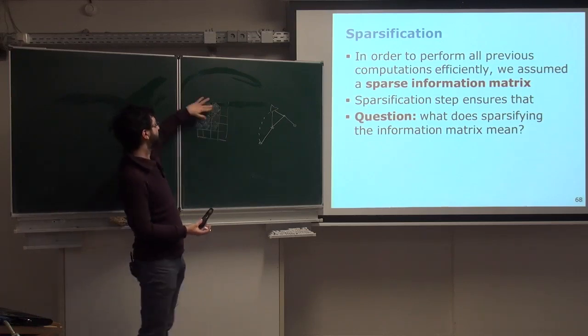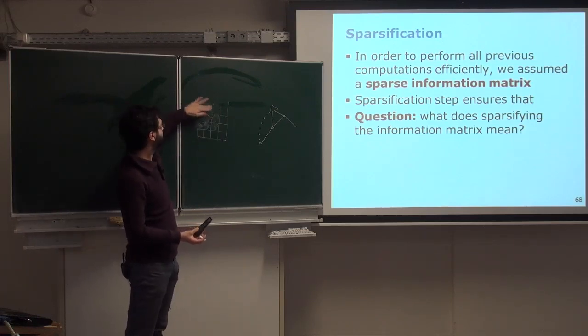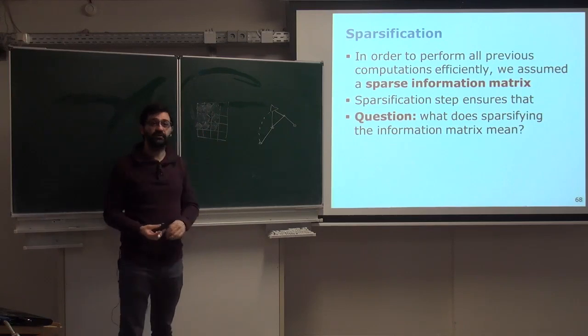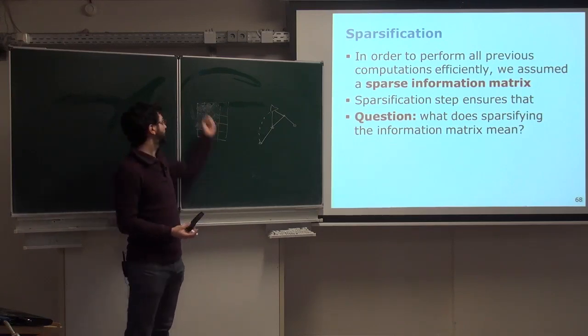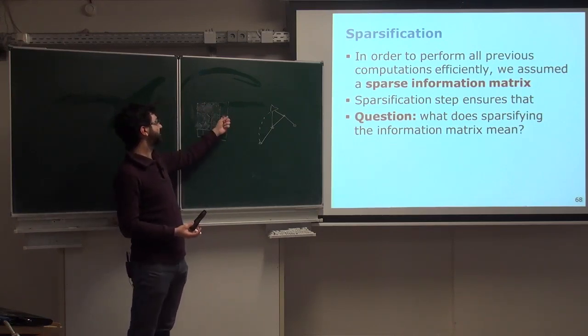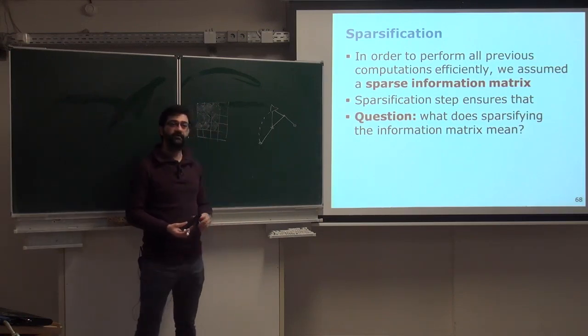We said we wanted to put some zeros, no? So we just want to make this and this, for instance, equal to 0, right? And do you remember what was the relation between this matrix entry being 0 and the graph? There was some independence relation, right? Does any of you remember what this meant? Okay, it doesn't matter.